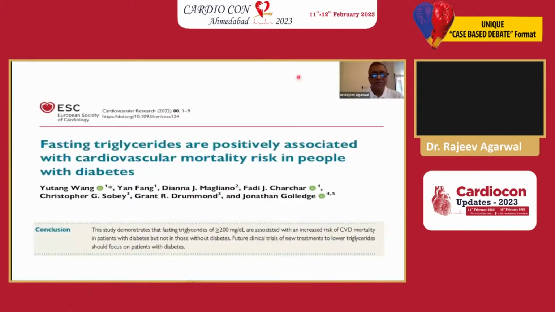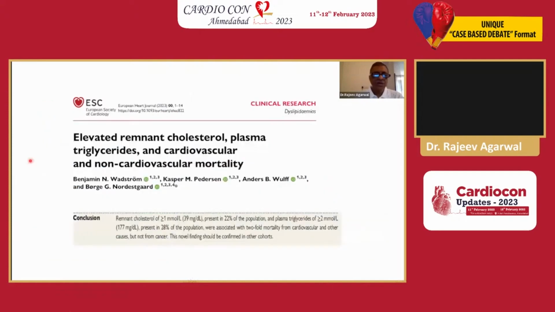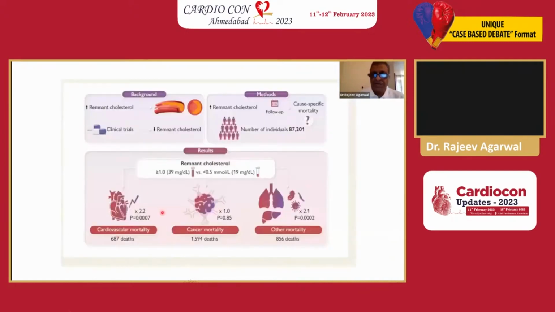We understand that elevated remnant cholesterol and plasma TGs, and cardiovascular and non-cardiovascular mortality are important, because chylomicron and triglyceride go hand in hand, and they are important risk factors for atherosclerosis. CV mortality and other mortality is related with chylomicron remnants, but not the cancer mortality.